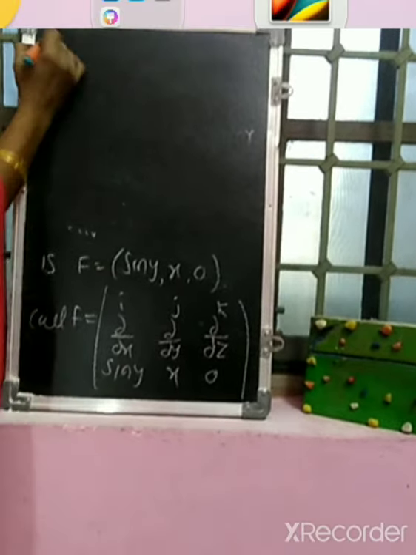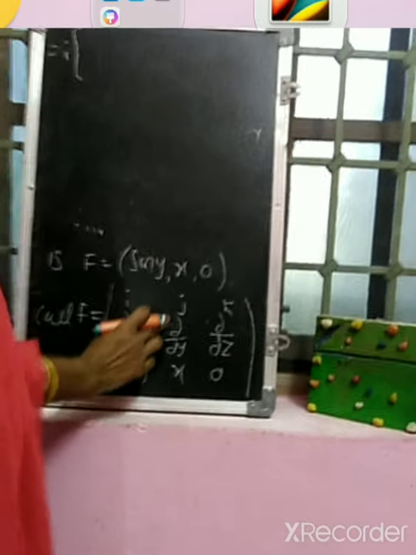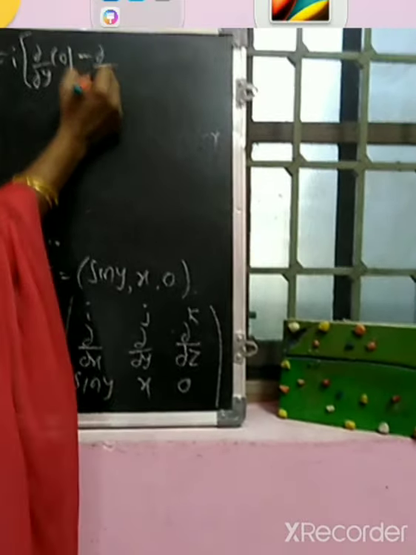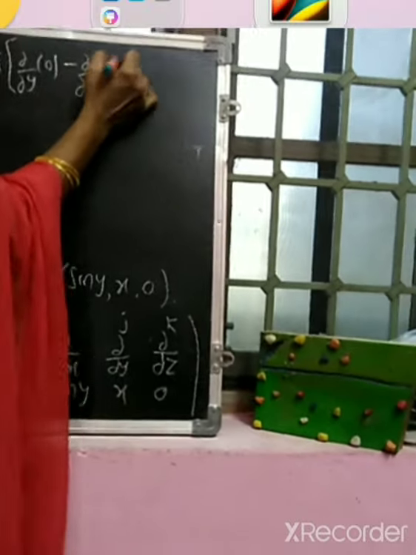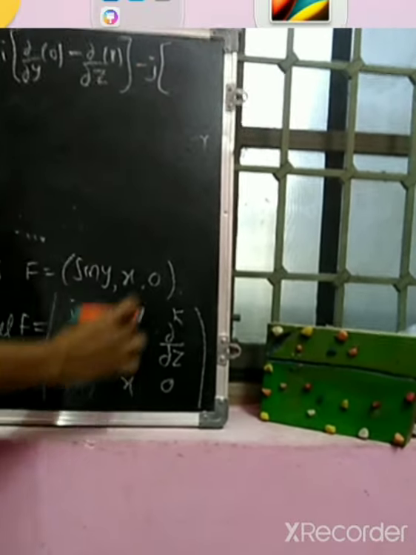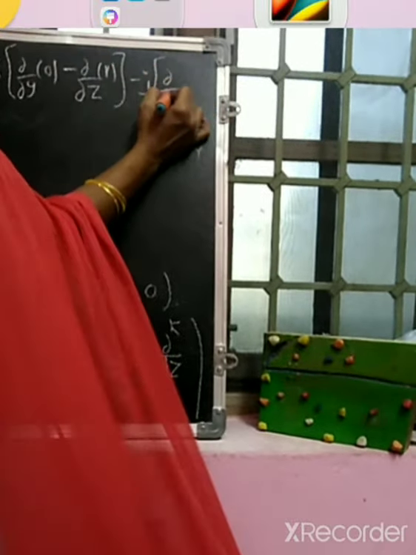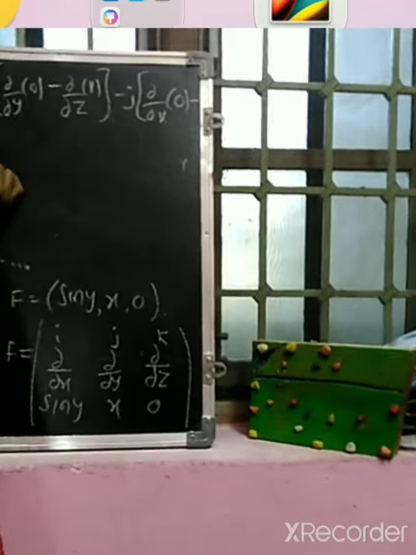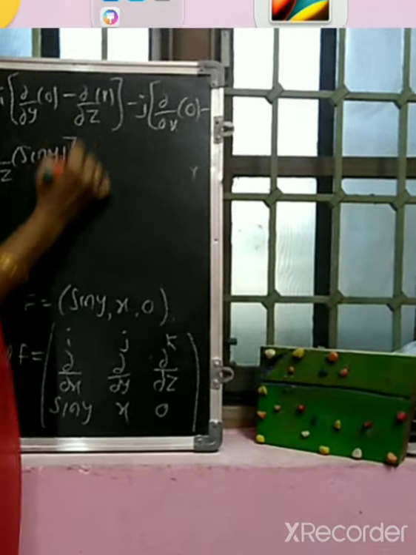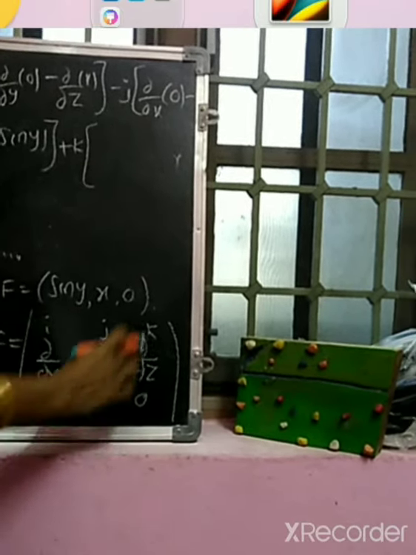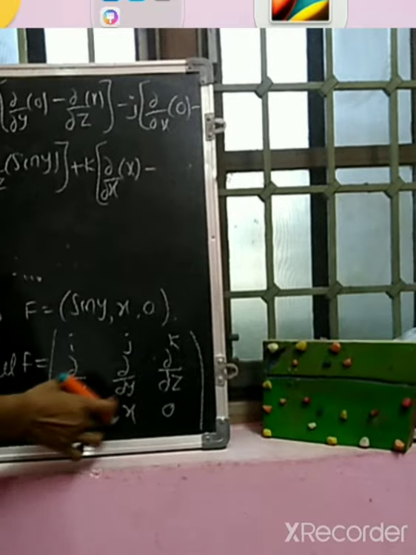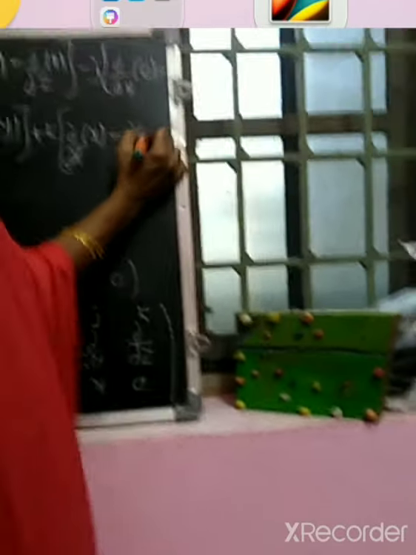So this is i into (dou by dou y of 0 minus dou by dou z of x), minus j into (dou by dou x of 0 minus dou by dou z of sin y), plus k into (dou by dou x of x minus dou by dou y of sin y).